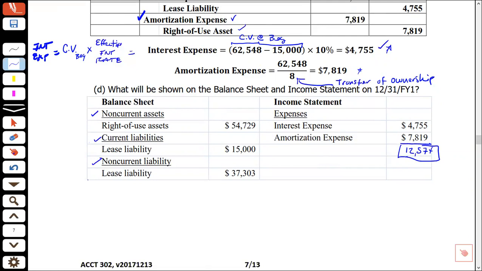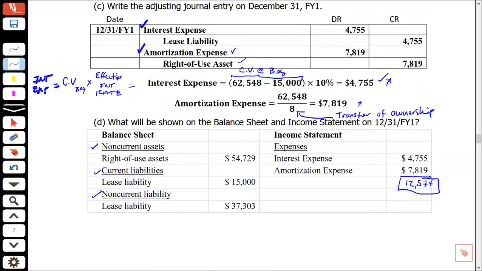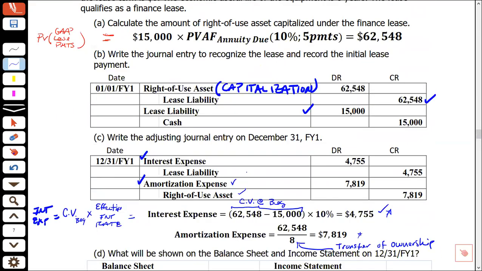So there's this separation. Let's go with the liability first. Just to do a little side calculation, we recognized 62,548 and then the day one payment was debited.